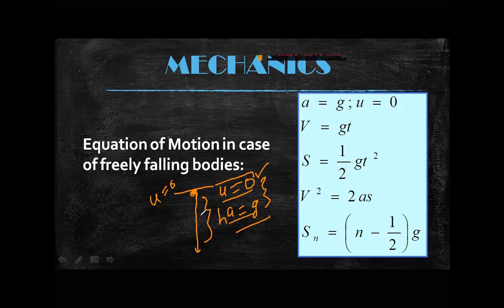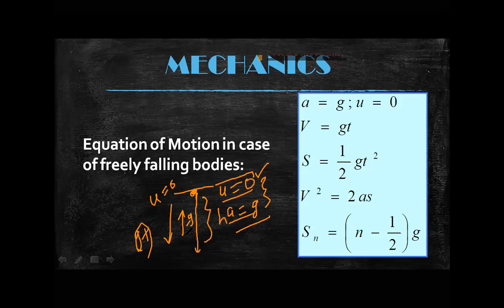How about acceleration? We always consider g as a positive quantity towards the ground. When you are throwing an object vertically upward, g should be negative. So g is actually acceleration due to gravity. g is positive towards the ground whenever the objects are falling down.